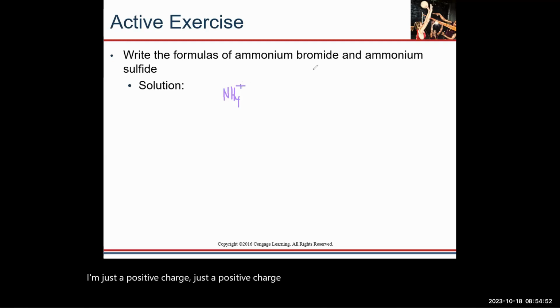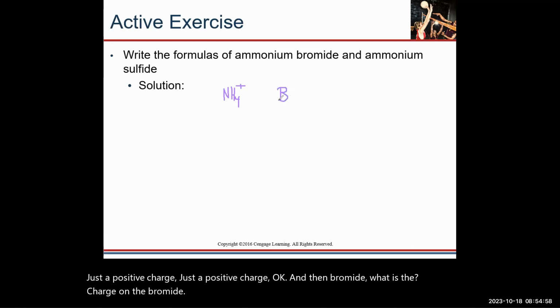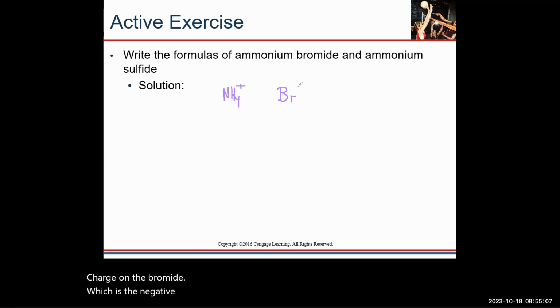Okay. And then bromide, what is the charge on the bromide? Just a negative charge. And then we'll do the sulfide. What is the charge on our sulfide? -2. Okay.